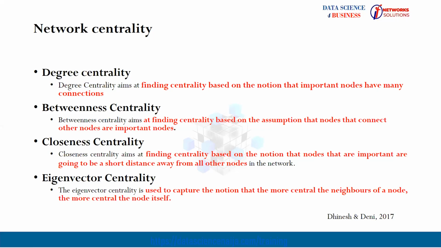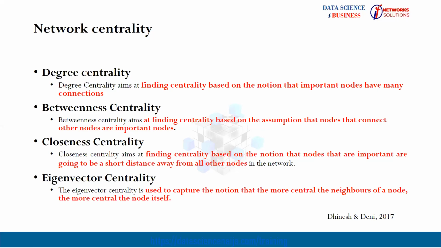Then for the betweenness centrality, we believe that you have influence if you are able to connect a lot of important nodes. It has to do with finding centrality based on the assumption that nodes that connect other nodes are important nodes.